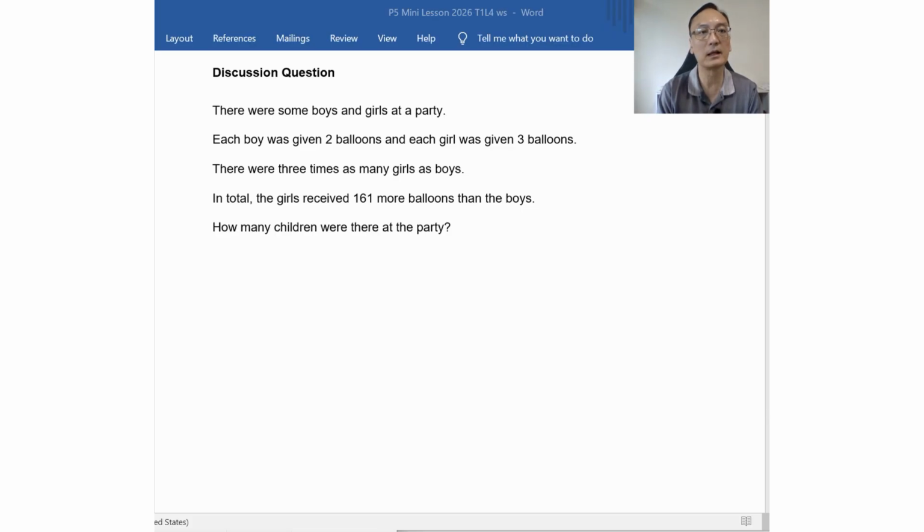After reading, let's underline some of the keywords. Each boy is given 2 balloons and each girl is given 3 balloons. So these are the quantity, right? So this and this, they are the quantity. There were 3 times as many girls as boys. So this row tells us the number of boys and girls in the problem.